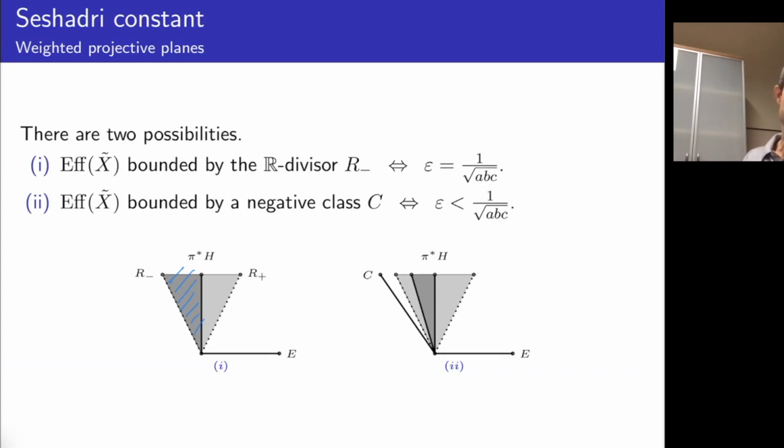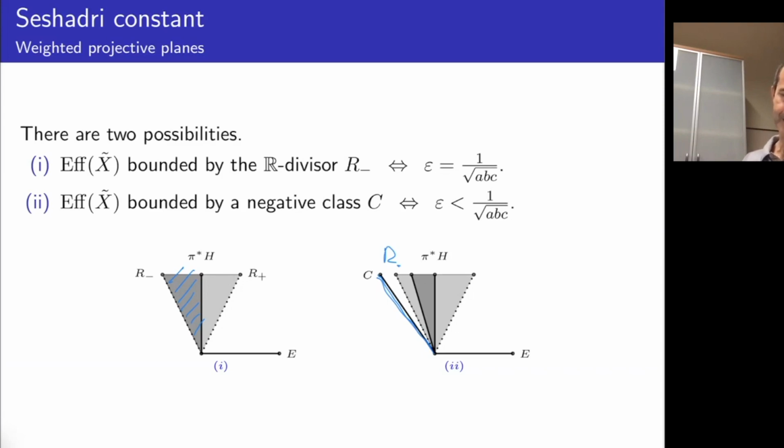And so the class R minus would be an extreme ray for the NEF cone too, okay? And this is equivalent to saying that the Seshadri constant is 1 divided by the square root of ABC. In the second case, we have the class of a negative curve on this side, on the left side of R minus.